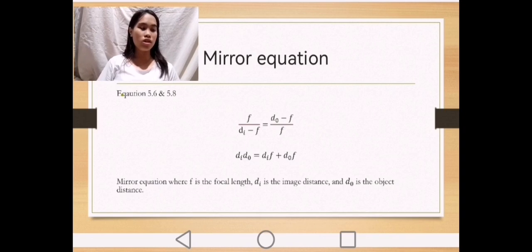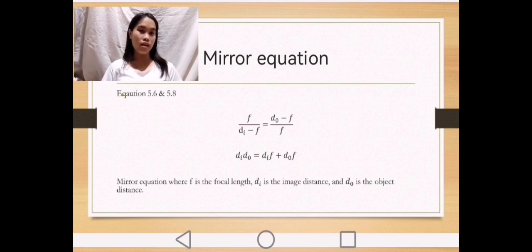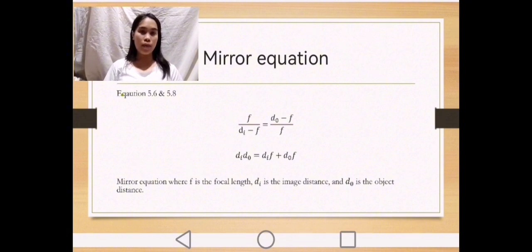Consider an object with a certain height, which is called h sub o, placed at a position d sub o along the principal axis in front of a concave mirror. First, the ray moving parallel to the principal axis will reflect toward the focal point. Second, if an incident ray passes through the focal point, then the incident ray will be reflected back traveling parallel to the principal axis.